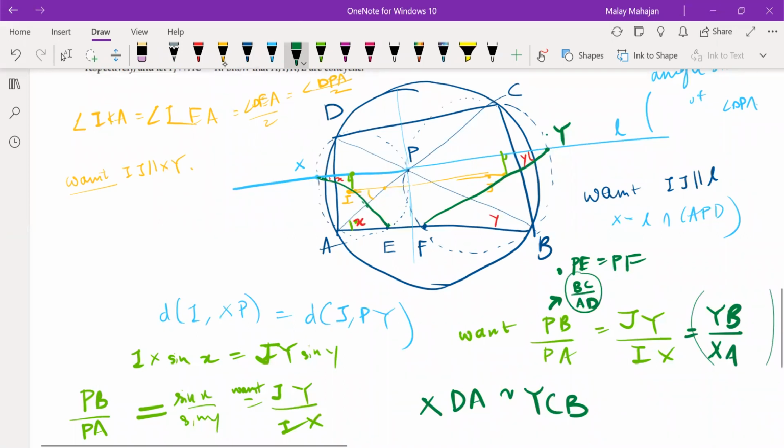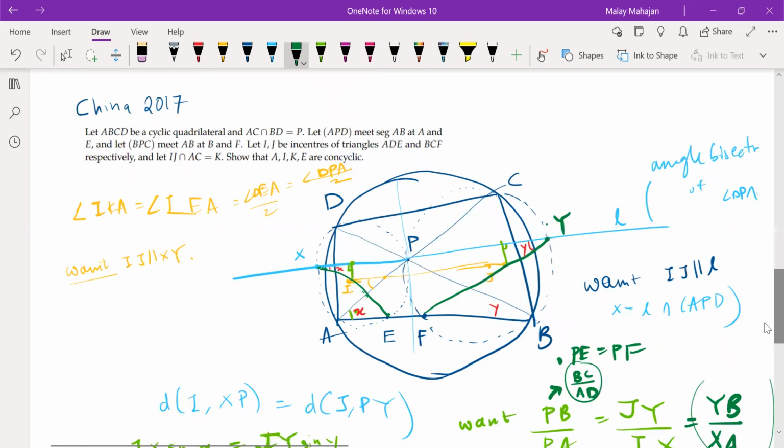Okay, I'll go over this once again. Firstly, we converted this AIK concurrency condition to the fact that we want IJ to be parallel to the angle bisector of DPA by angle chasing.